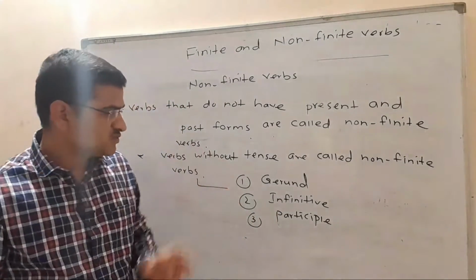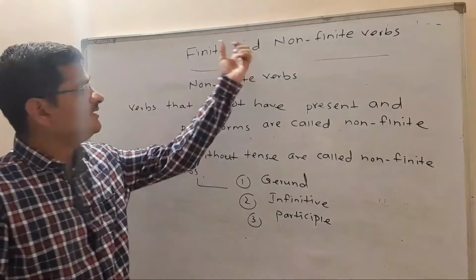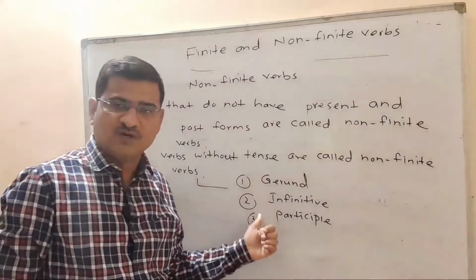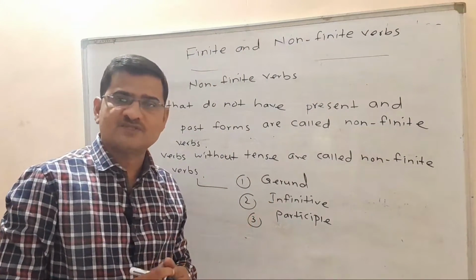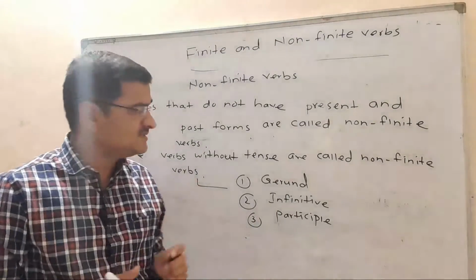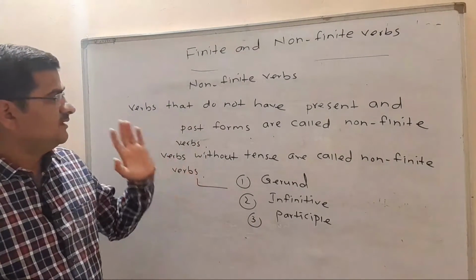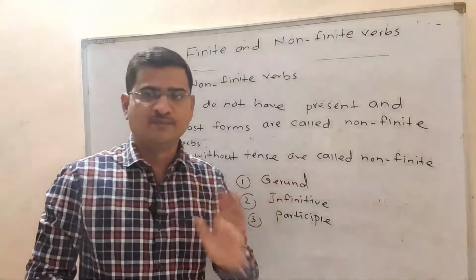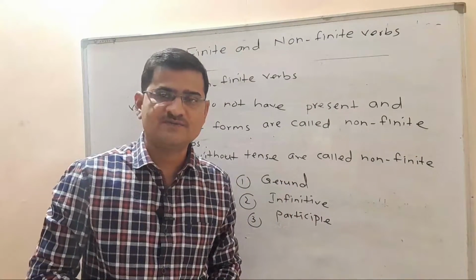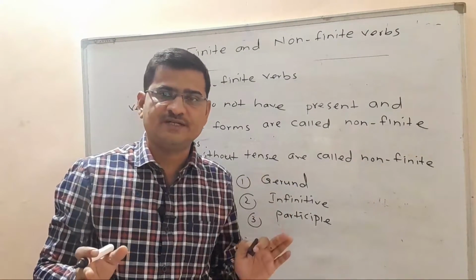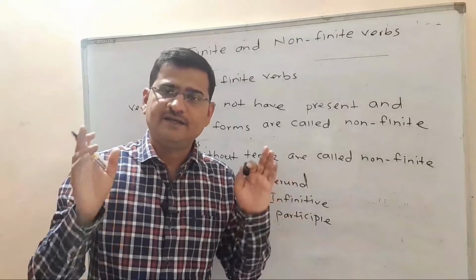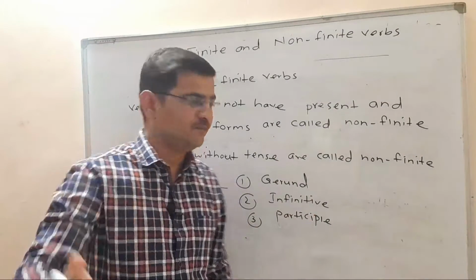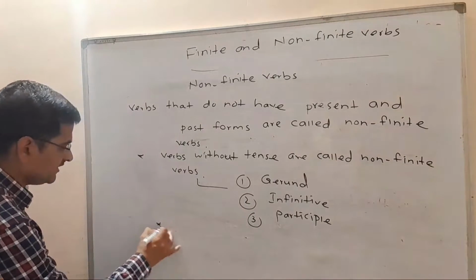So these are the three types of non-finite verbs, and non-finite verbs are not restricted or limited by tense, person or number. So see here, I will write one example.